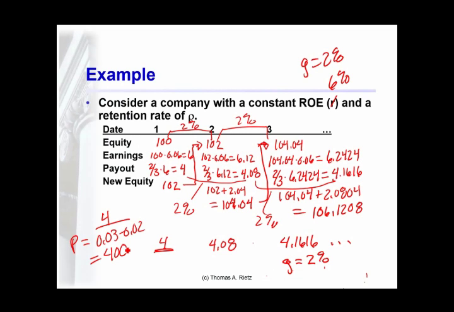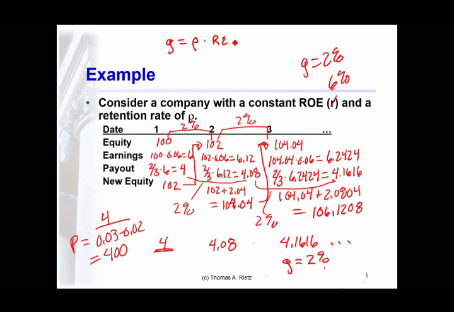So it creates two fairly simple relationships. First, growth equals the retention ratio times the return on new investments, but usually people proxy that with ROE. Second, the price. Now, often you'll have D0.